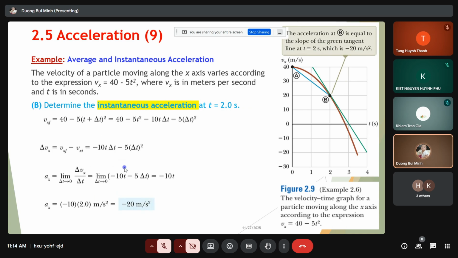And 3 minutes. They require us to calculate instantaneous acceleration.